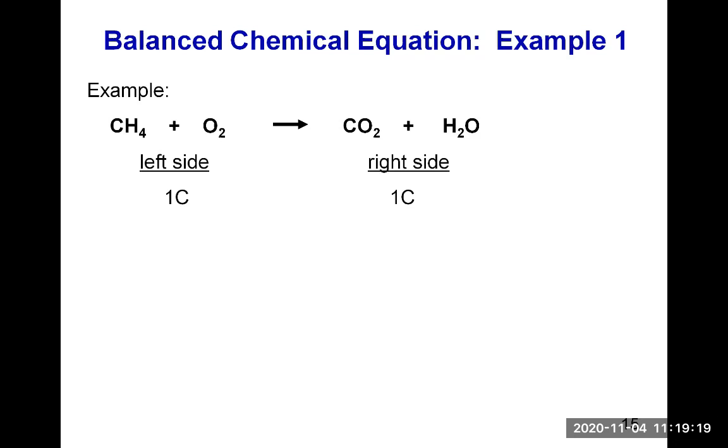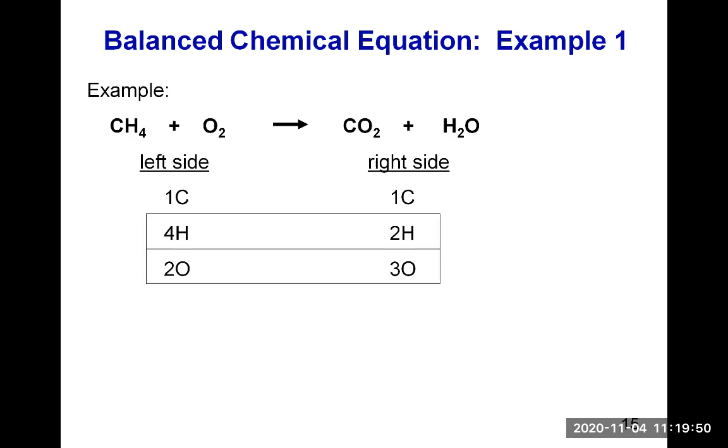On the left side we have 4 hydrogens in the CH4 molecule and 2 hydrogens in the water molecule on the right side. On the left side we have 2 oxygens from the O2 molecule, and then on the right side we have 2 oxygens in CO2 plus 1 oxygen in water. That's 2 plus 1 is 3 oxygens, the total number of oxygen atoms on the right side.